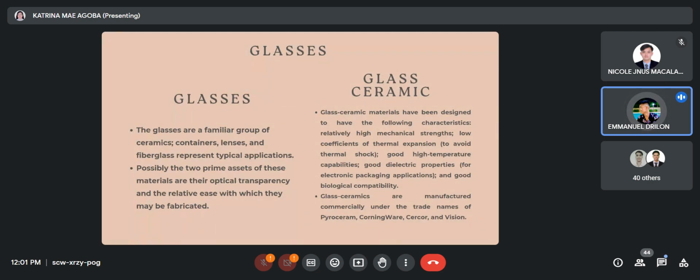Ibig sabihin, nakikita natin yung nasa loob. Tapos, sabi din dito yung thermal shock, na kita naman natin ngayon na yung mga bumbilya natin ay ina-isolate sa mga glasses. Kaya para maiwasan yung mga sunog, syempre, common sense naman na kapag yung nilagay sa mga kahoy, baka masunog na yung kahoy. Kaya ito yung maganda sa mga glasses. Next slide.